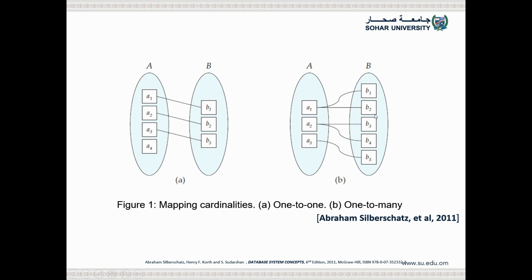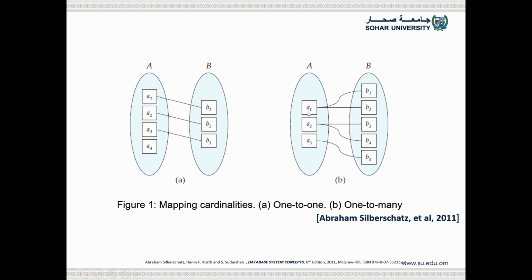So objects in the B set cannot associate or make a connection, make a line between any other object inside of set A. It's just one.